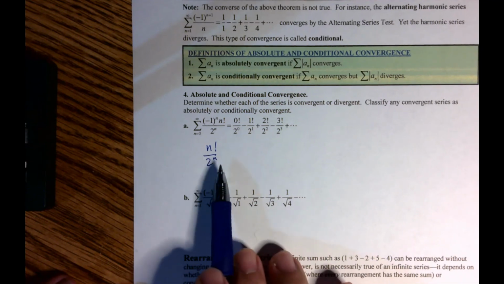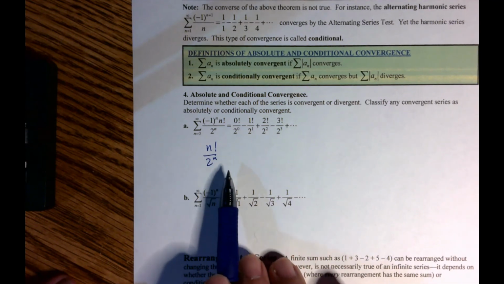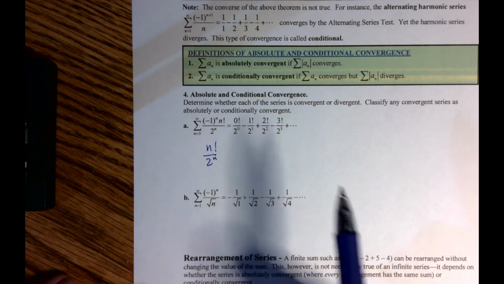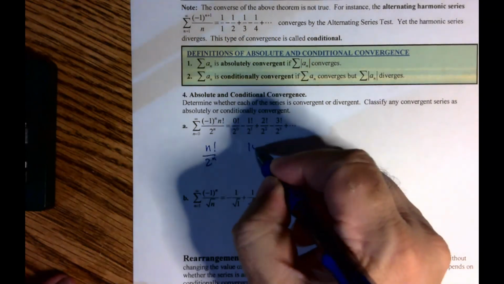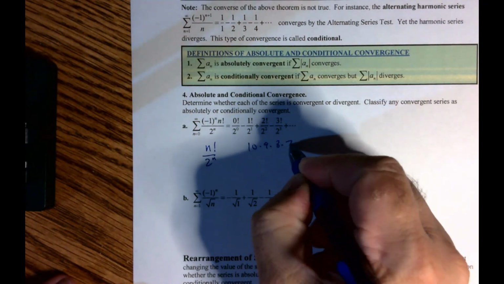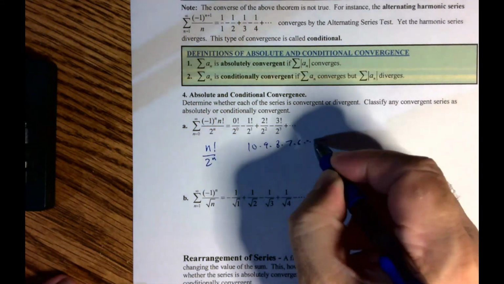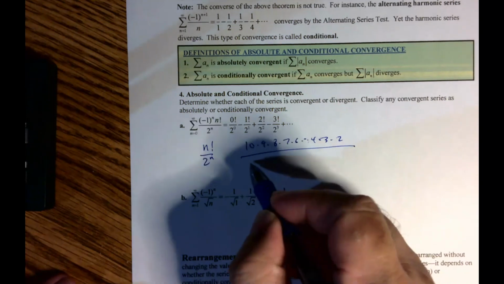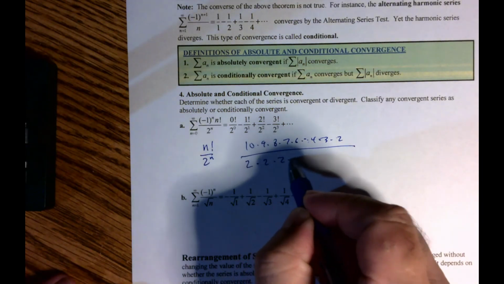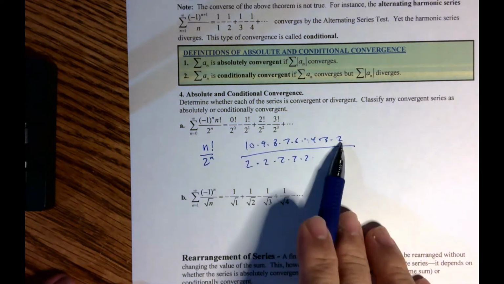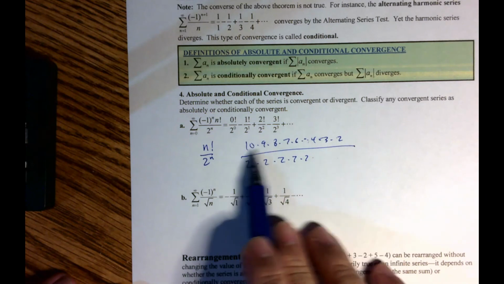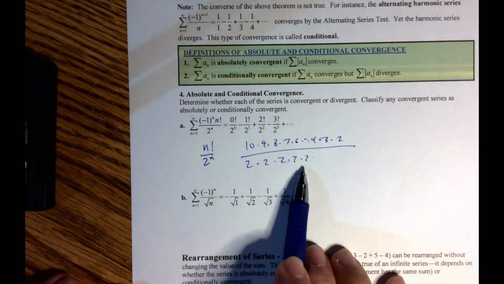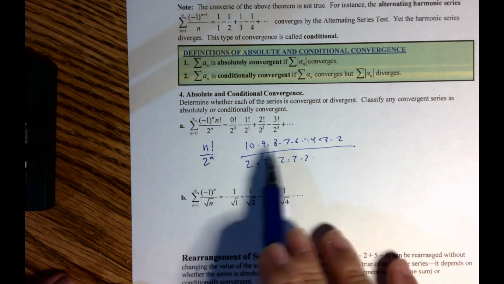This does not go to 0. Okay, so let's say you had n equals 10. That'll be 10 times 9 times 8 times 7 times 6 times blah, blah, blah, 4, 3, 2. And 2 to the n means you got 10 2's. Right? You got 10 numbers up here, and 9 of them are bigger than 2. So the numerator is growing much faster.